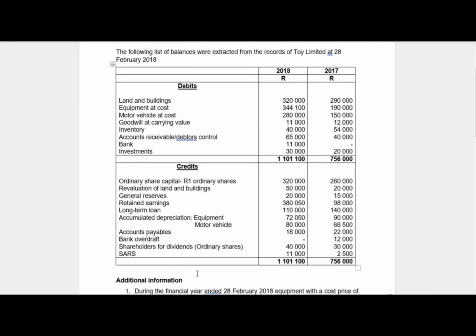And then we are going to look at our accumulated depreciation under credits of motor vehicle. We have how much? I think we have 66,500, right? 66,500.